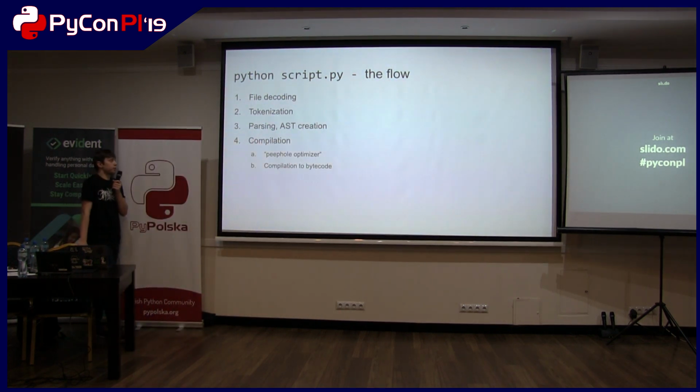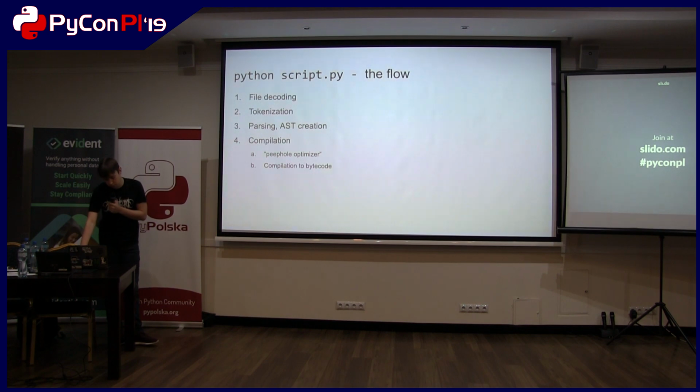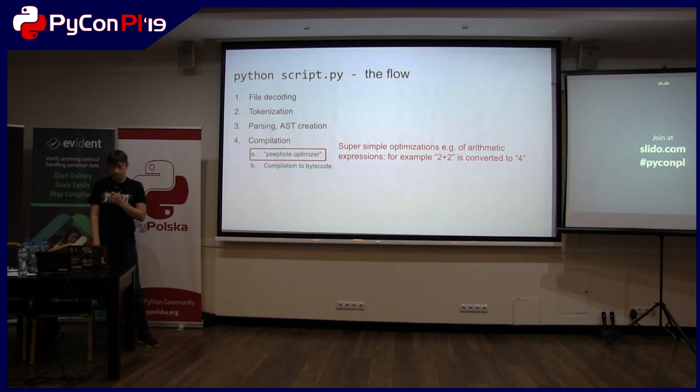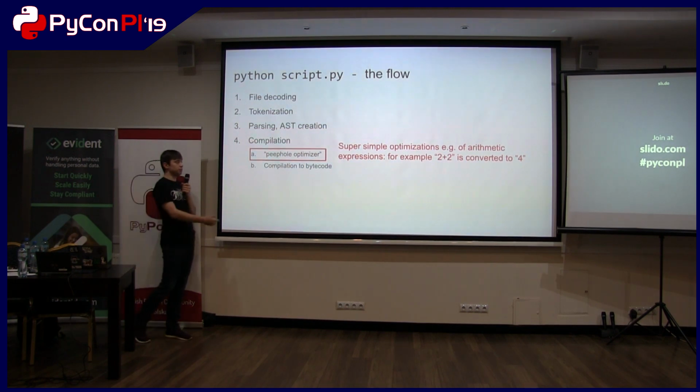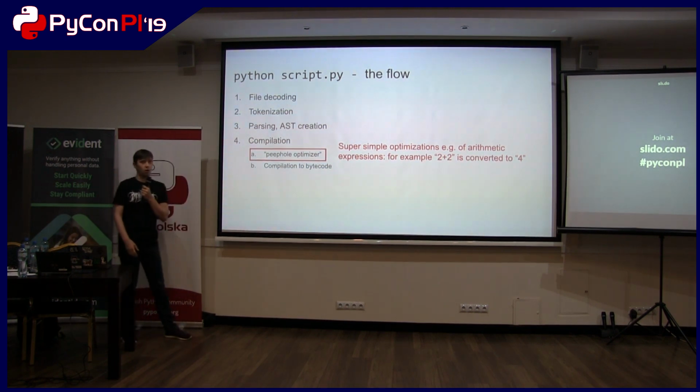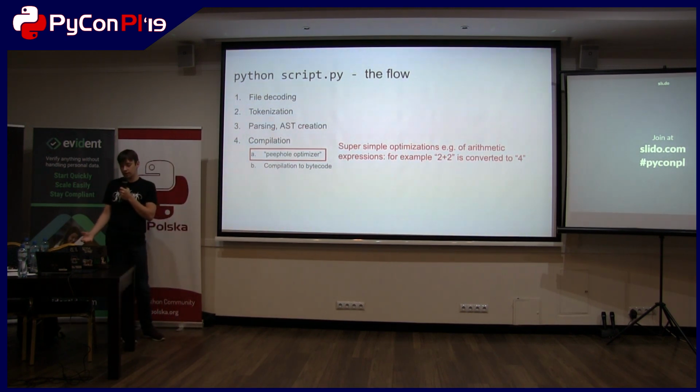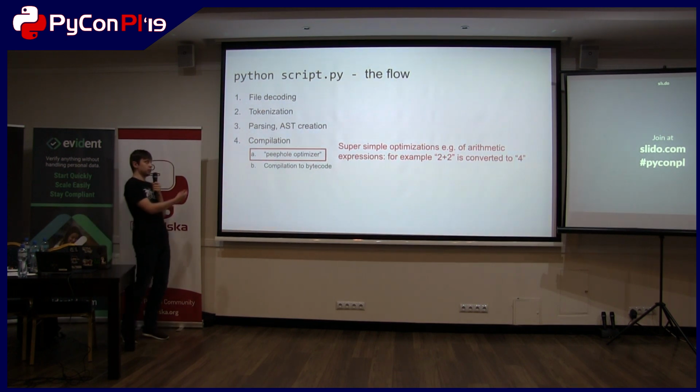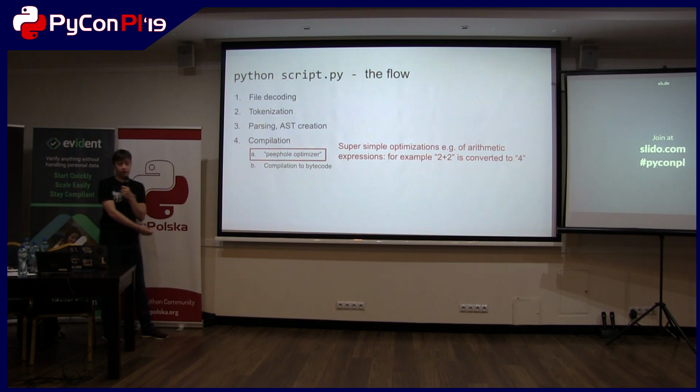And later on, there's compilation that's happening. This is a bit complex, but there are two things that are happening, more or less. One of which is the peephole optimizer. The peephole optimizer is an optimizer that optimizes very simple things, because you don't want to spend a lot of time on optimizing things whenever you are launching Python scripts.